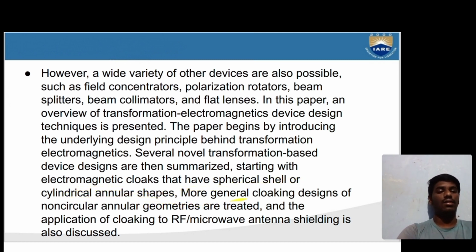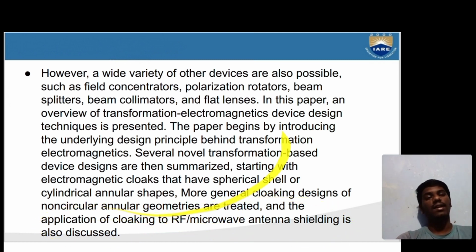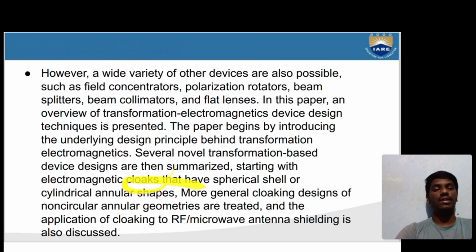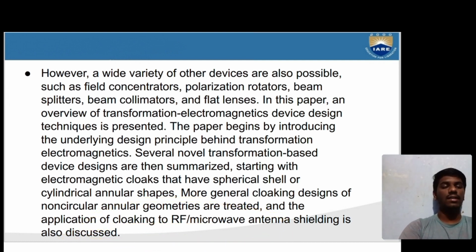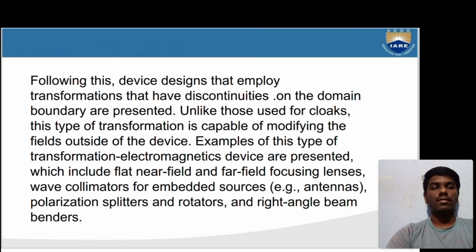More general cloaking designs of non-circular angular geometries are treated, and the application of cloaking to RF microwave antenna shielding is also discussed. In this video, I am going to discuss all these things.